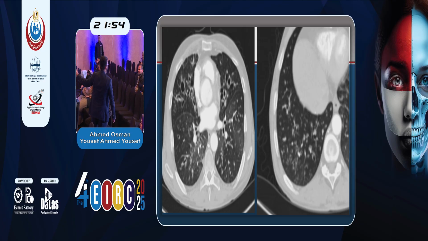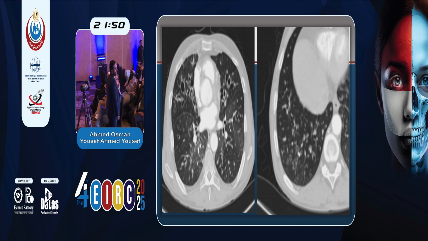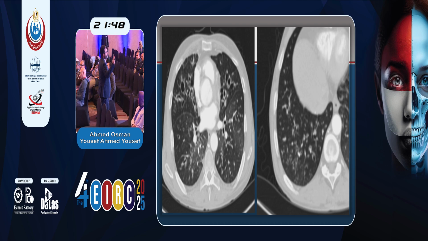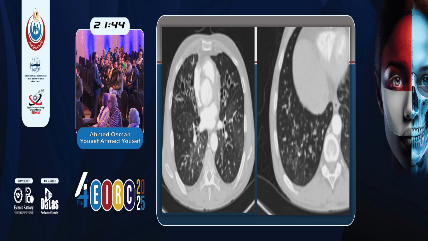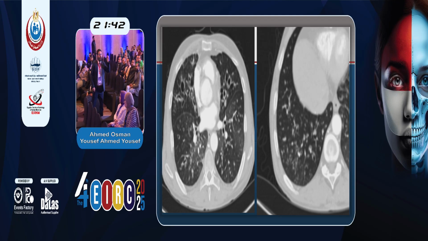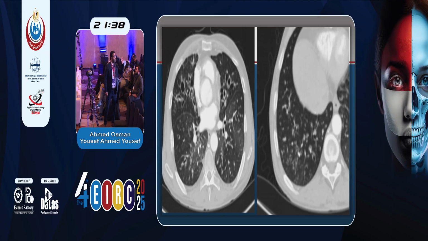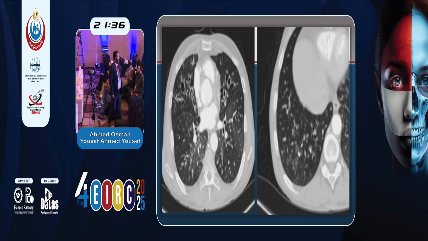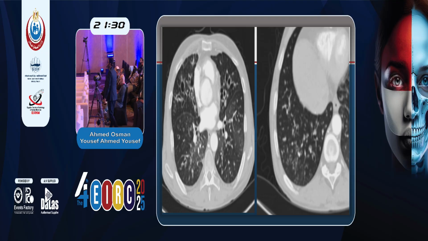And for the tree-in-bud appearance, we have two explanations. This may be what's called bronchiolectasis, the dilatation of the small bronchioles appearing as a tree-in-bud appearance, or maybe a superadded fungal infection, which is very easy in such a case with bronchiectasis.